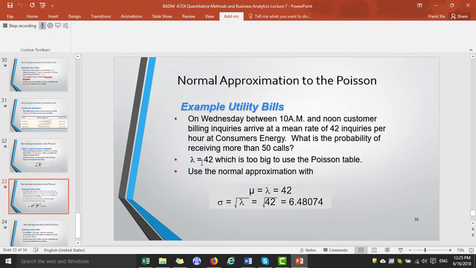Lambda is 42. If you go to the Poisson table, they don't have it because it's too big to use the Poisson table. But we can use normal distribution to approximate it. In this case, mu for the normal distribution is lambda, which equals 42. And sigma, the standard deviation, is the square root of lambda, the square root of 42, which is 6.48. You have mu, you have sigma, then you can do the calculation.